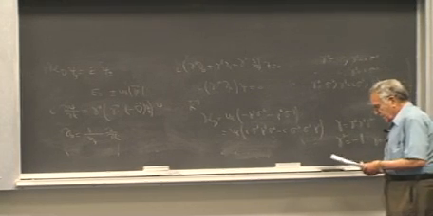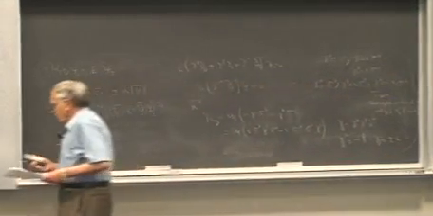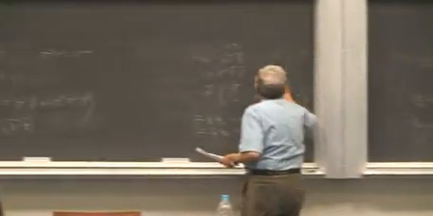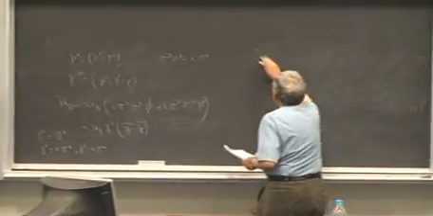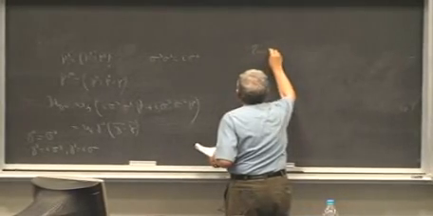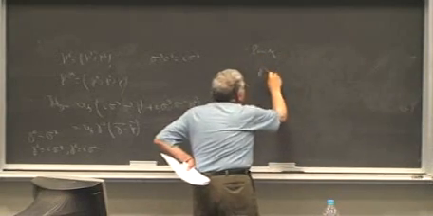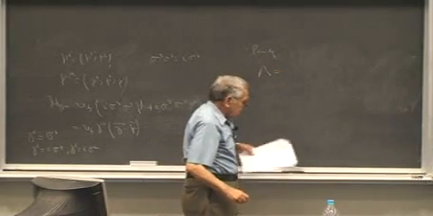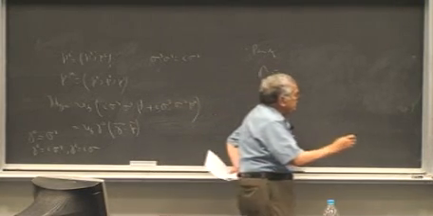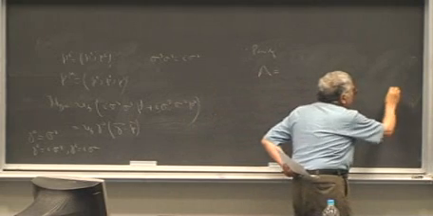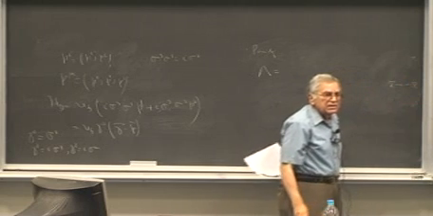Let me introduce the parity operator now. This is the lambda which I introduced in connection with the Lorentz transformation. Now you see, in 3 dimensions, when you have parity, all the space coordinates go to their reflected ones.